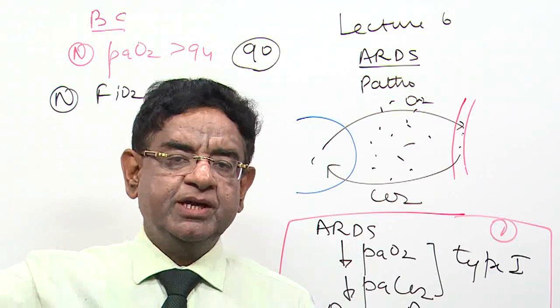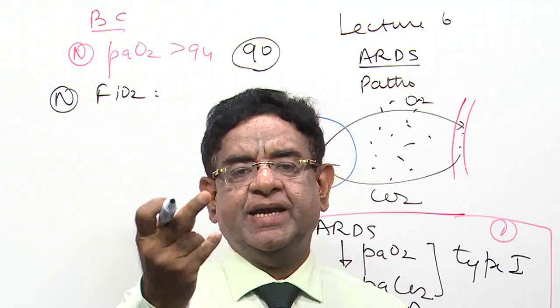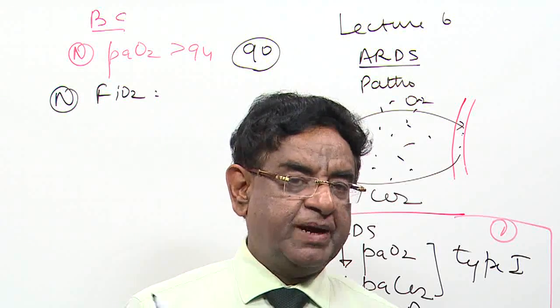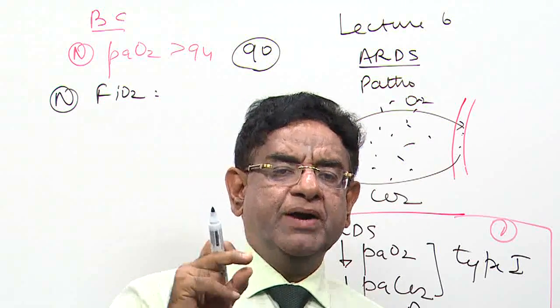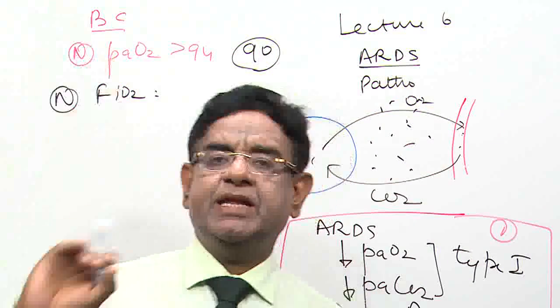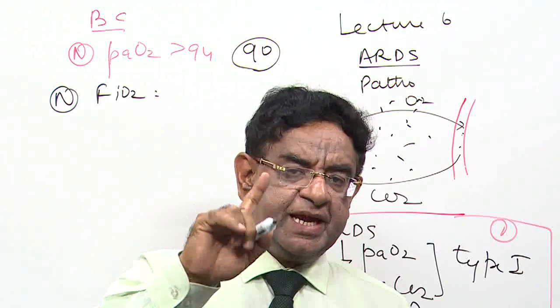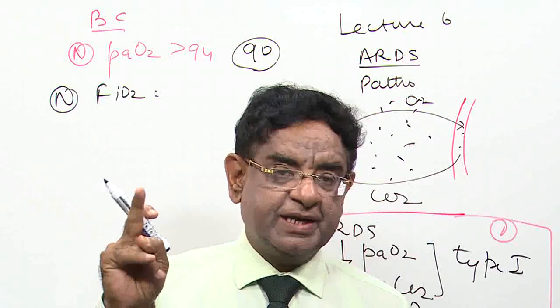We are breathing oxygen from the atmosphere, you and me, and we know we are taking 21% oxygen from the atmosphere. But for easy calculation I take 20%. In the scale of 100 we are taking 20.